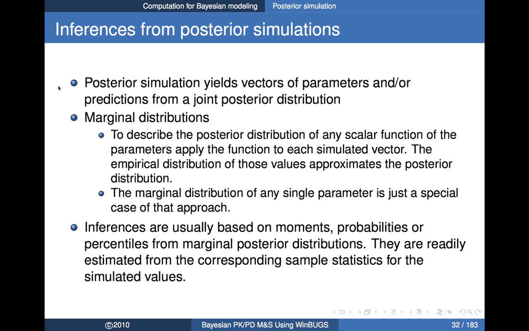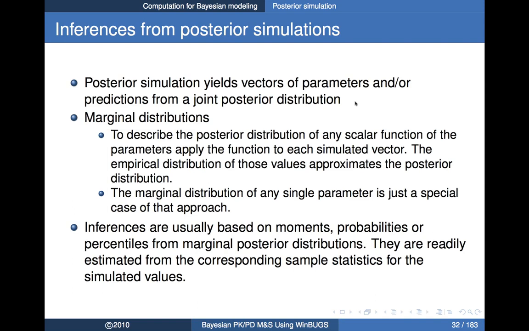When we do our posterior simulation from our joint posterior distribution, what you get are vectors of parameters that you can work with. You can also use those simulated parameters to do predictions, which represent posterior predictions, or the posterior distributions of those predicted values.